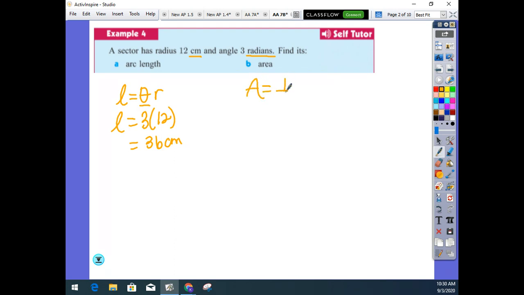Area is 1/2 theta r squared. Theta is our angle measurement, radius is 12. Just multiplying it all out, we get 216. Our unit is centimeters, and because we're doing area, it's squared. That's because your radius is squared.